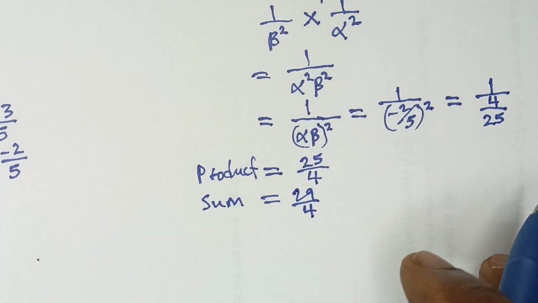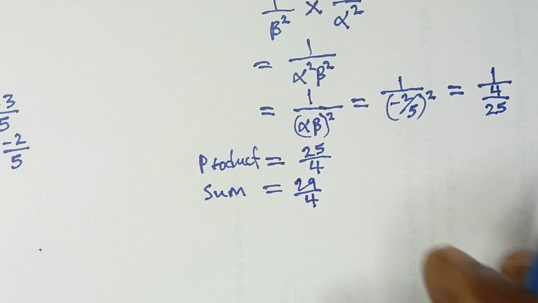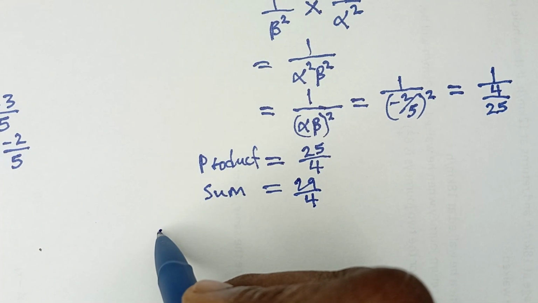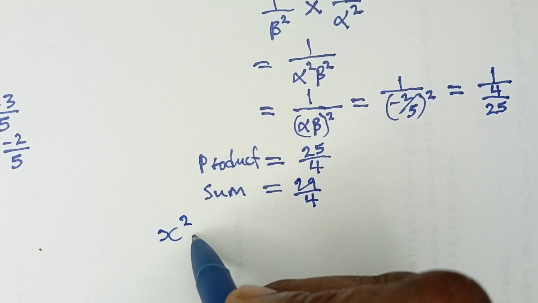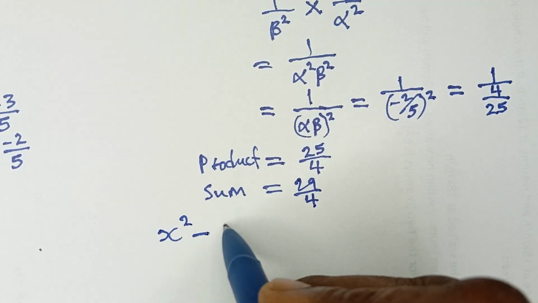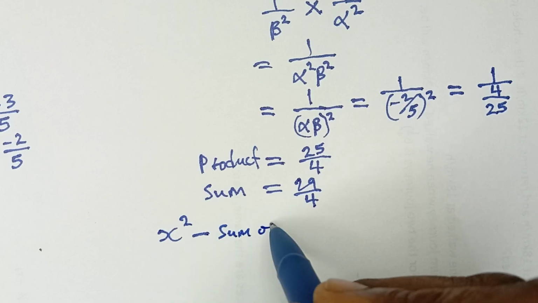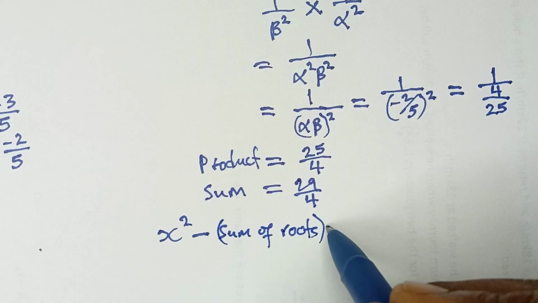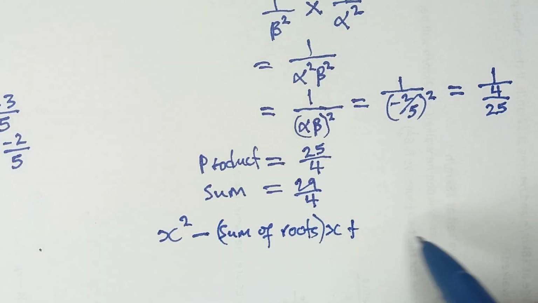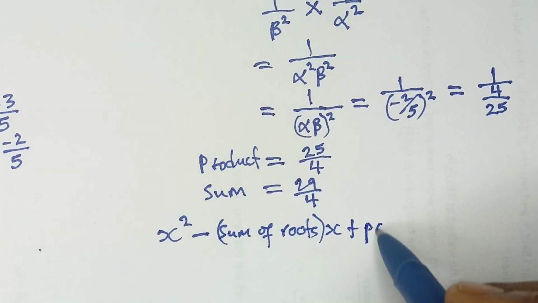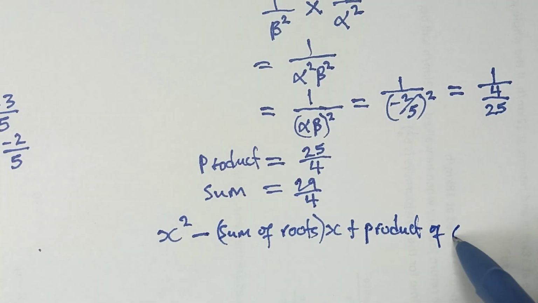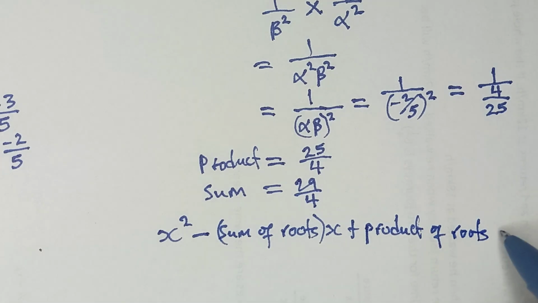Don't forget, the word form of expressing a quadratic equation is to say a quadratic equation is x squared minus sum of roots x, then plus product of roots, and everything should be equal to 0.